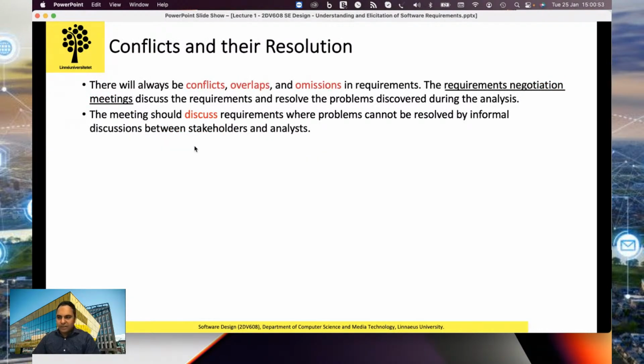So, conflicts and resolution. Again, when we are doing the requirements analysis, there might be some natural conflicts or overlap or missing information in the requirements, and this can be resolved using requirements negotiation meetings. In those meetings, it's good to include all the stakeholders, regardless of their technical knowledge.